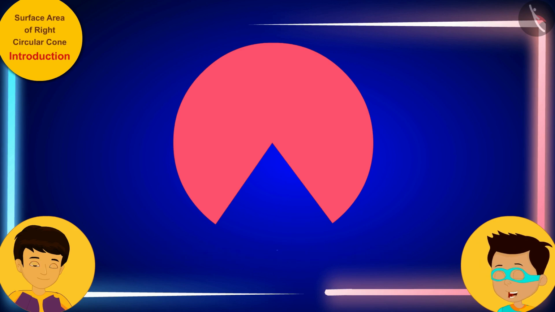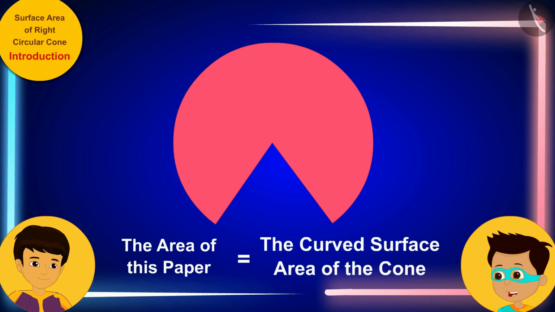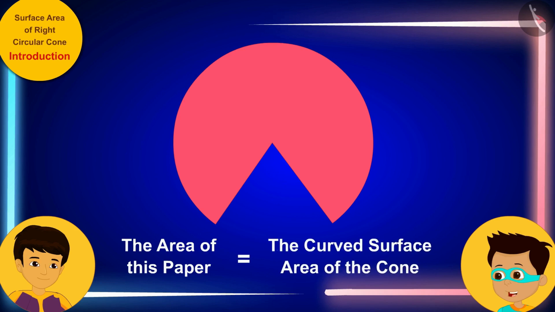In other words, the size or the area of this paper will be equal to the curved surface area of the cone. Correct? Oh, wow! Thomas, this is very interesting.